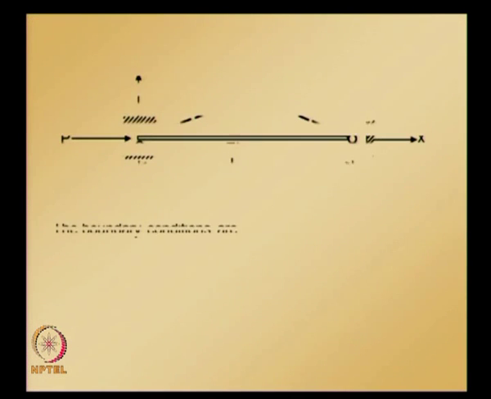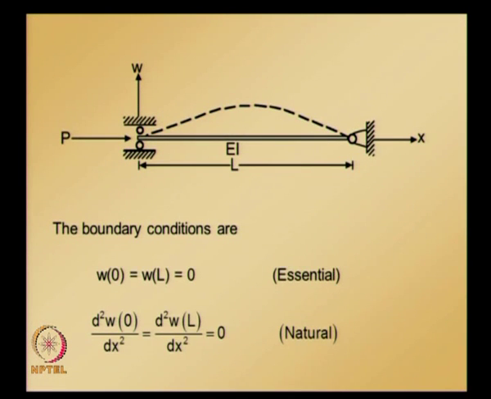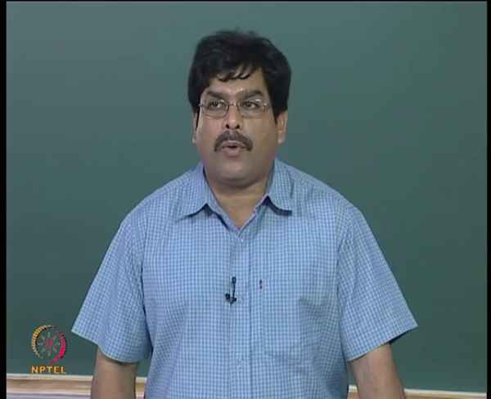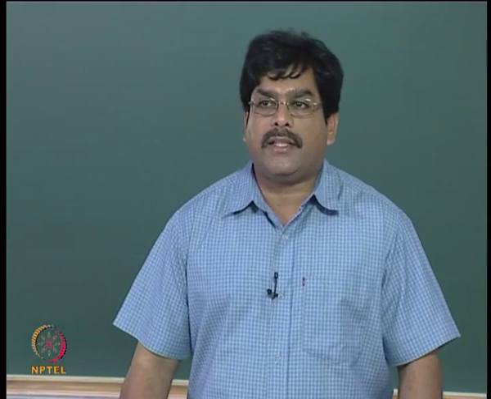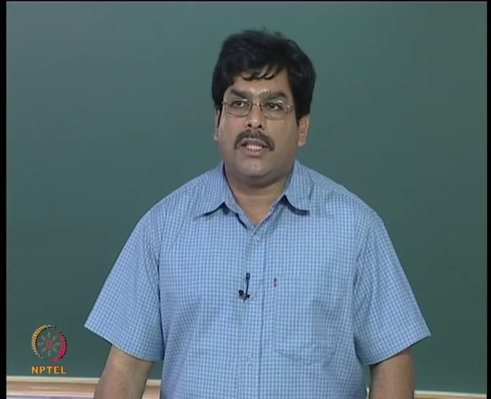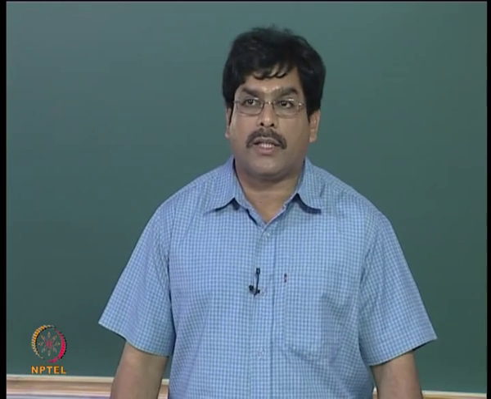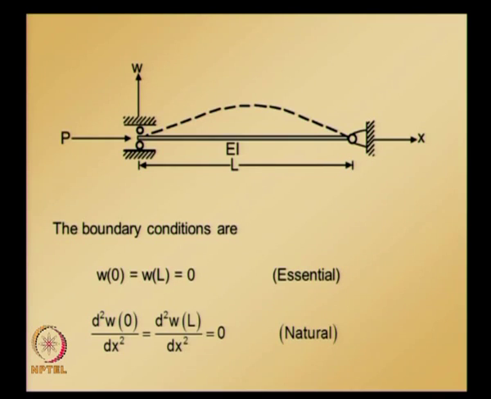That can be written mathematically like this, and it can be easily verified that the first set of boundary conditions are essential and the second set of boundary conditions are natural, because the first set are 0th order equations and the second set are second order equations. But this simply supported column buckling problem is not directly going to fall under the category of the general one dimensional boundary value problem.